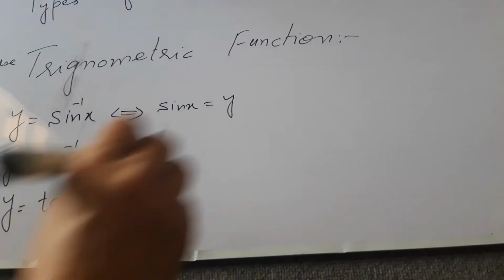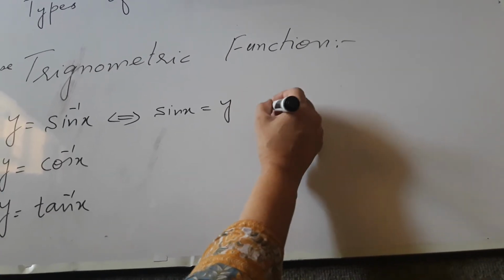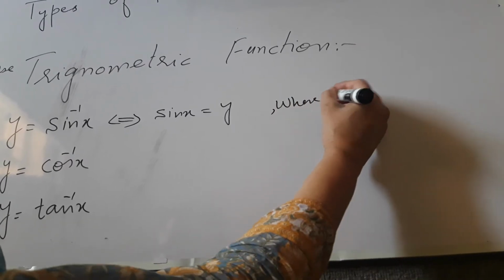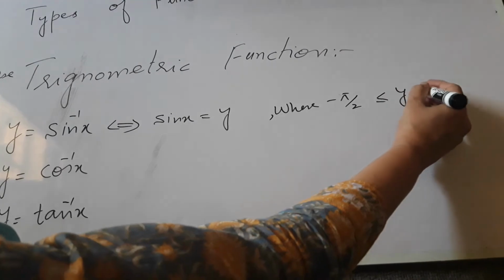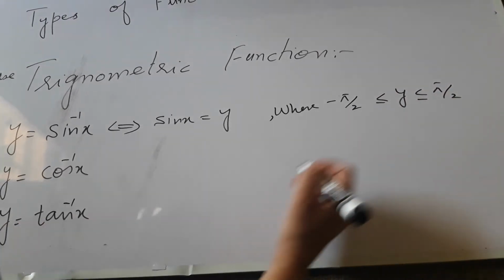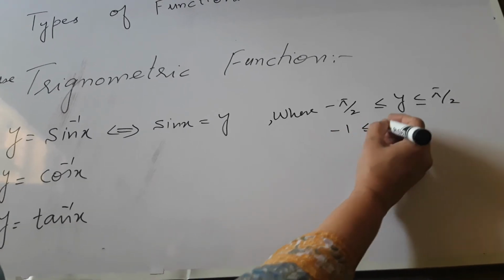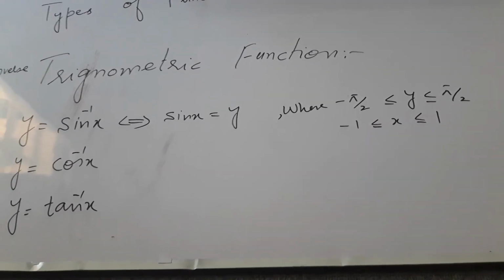And you have read that where minus pi by 2 is less than or equal to y is less than or equal to pi by 2, and minus 1 is less than or equal to x is less than or equal to 1.